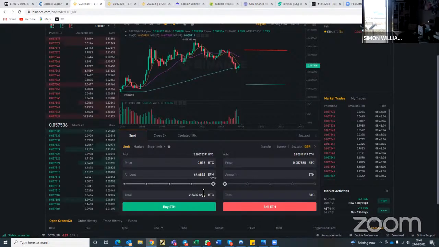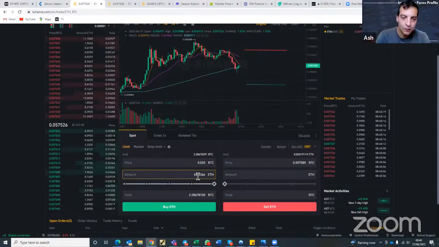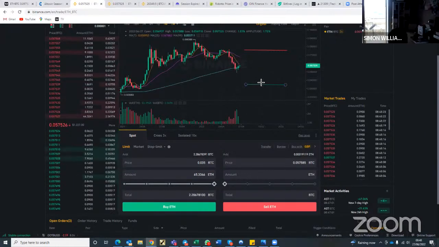Sorry, guys. So my 2.28 Bitcoin will turn into 65 ETH. When I made the trade, the ETH I had was 32.5. So I'm doubling my ETH stack by rinsing it back when it's entered.